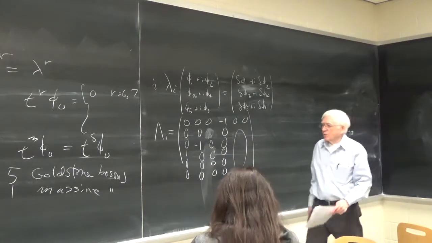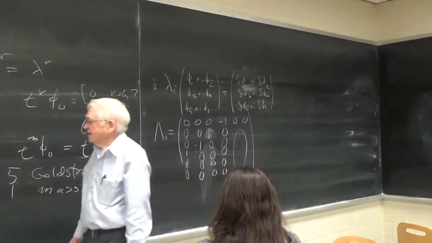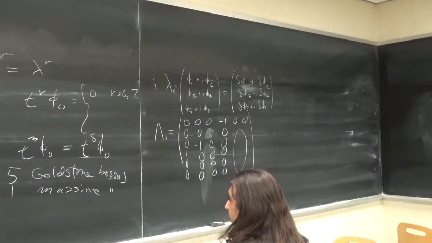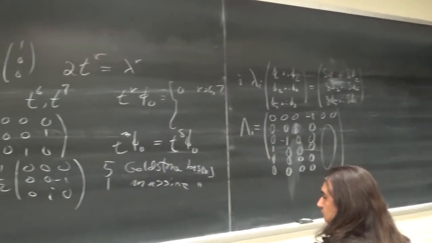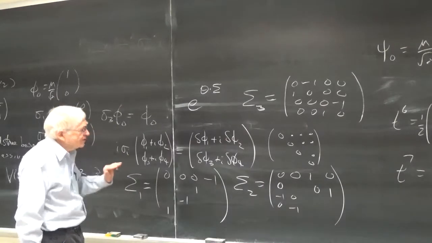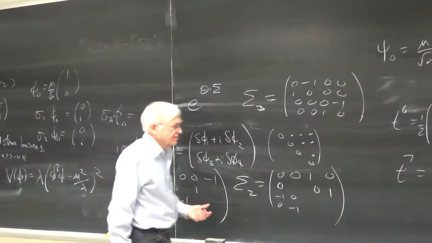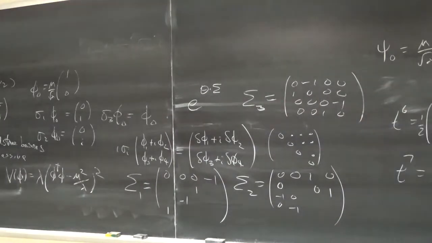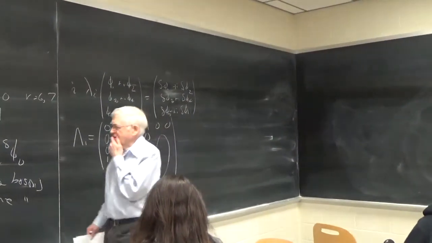What I thought was a little bit interesting is that these sigmas are the generators in a real 4-dimensional representation of SU2, and over here, the 8 lambdas are the generators of a real 6-dimensional representation of SU3. It's just a little bit interesting to see that.